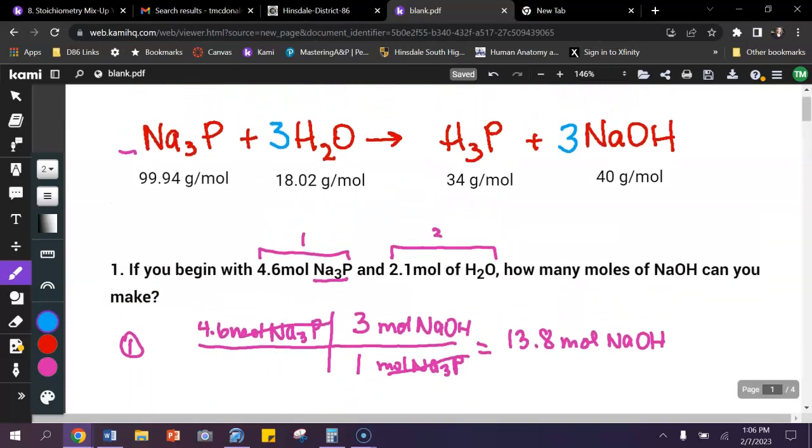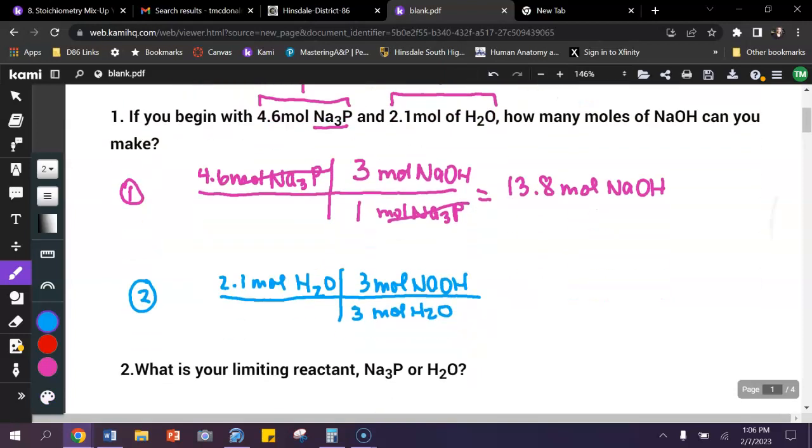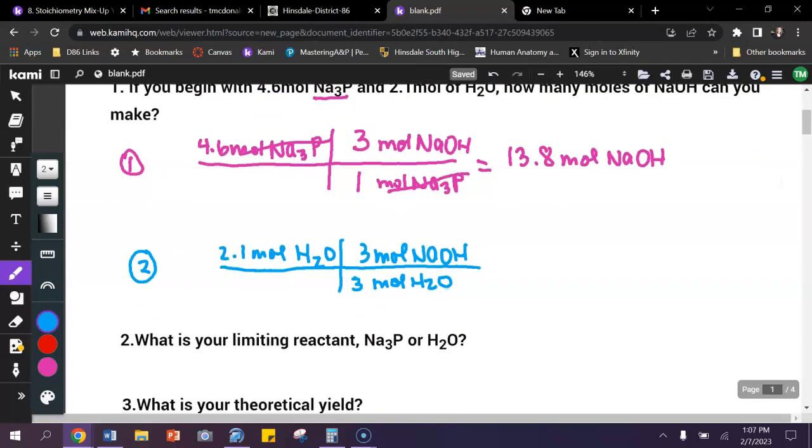And so again, I'm looking at my coefficient here in front of water, and then I'm going to put 3 moles of NaOH because that is the coefficient that I have in front of NaOH. Moles of water gets canceled out, and when I multiply across, I get 2.1 times 3 divided by 3, which is 2.1 moles of NaOH.